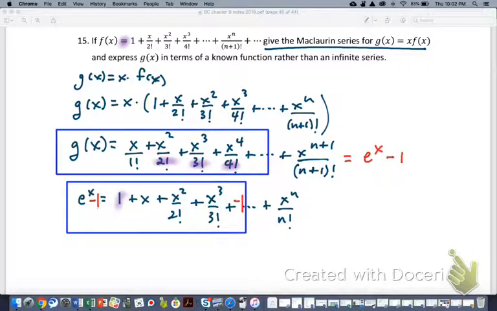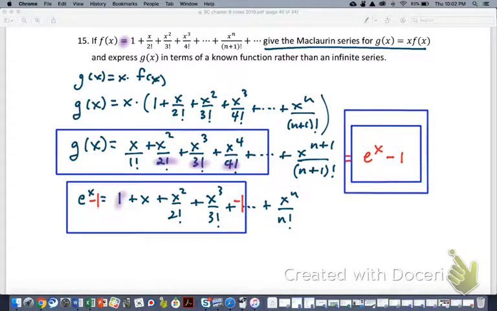So once again, the question is looking for the function that generated this power series, and I would say that e to the x minus 1 would give us the power series that we want. Of course, you could confirm this by taking e to the x minus 1 and using your Taylor construct to build it out term by term, and I think you would find that indeed it is what we are thinking here. Okay, I hope that worked well for you.